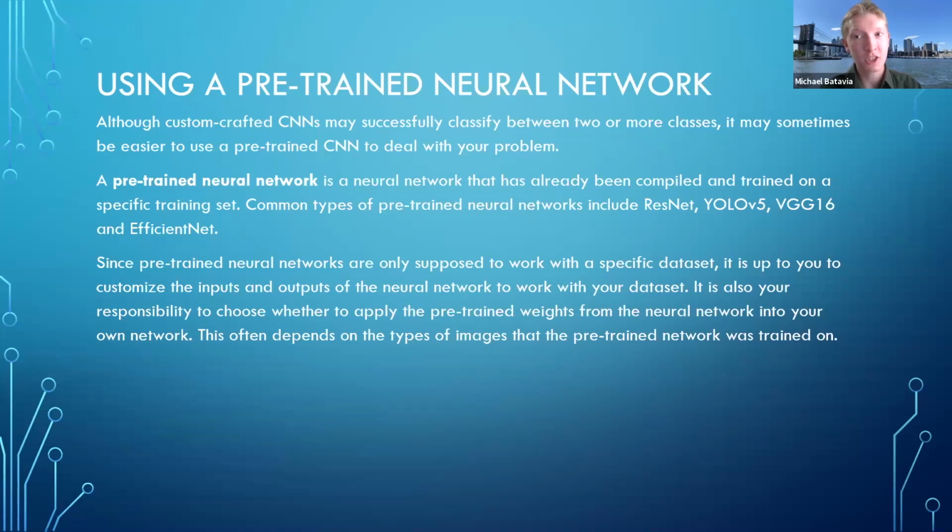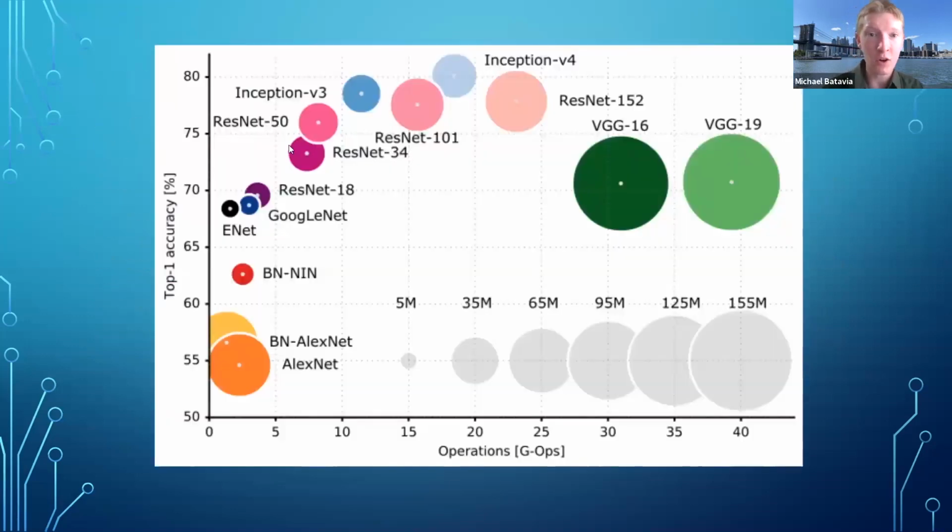So it's up to you to change some things like the weights and the input of the pre-trained model so it works with your data. So there's going to be a little bit of shipping and handling with pre-trained models instead of just getting one for free. And here you can see a depiction of all different types of pre-trained models we have so far.